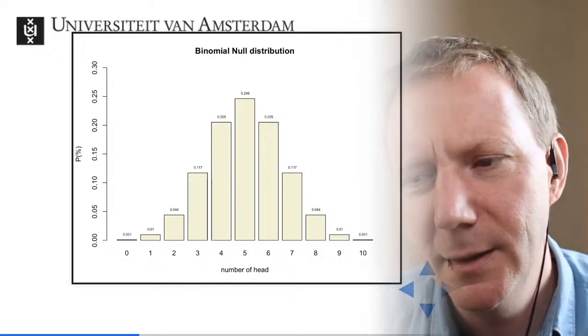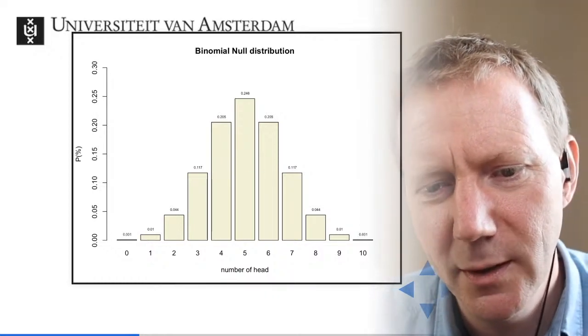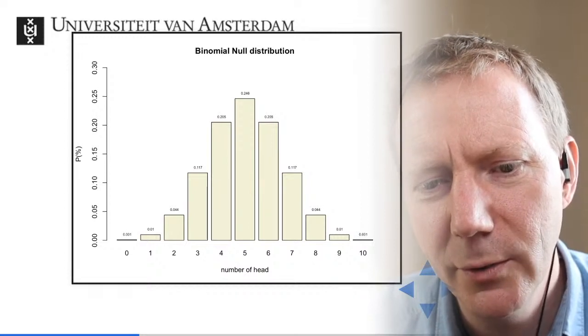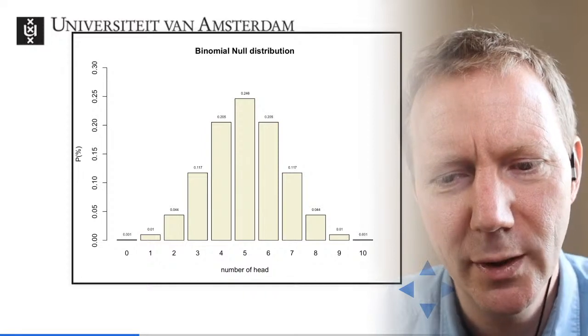And there was a question in the chat where it stated, well, how do you know that your population is always normally distributed?